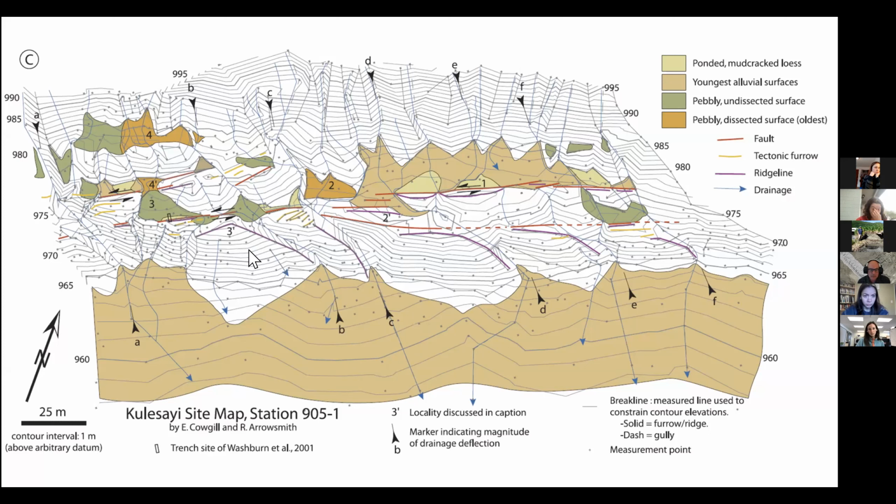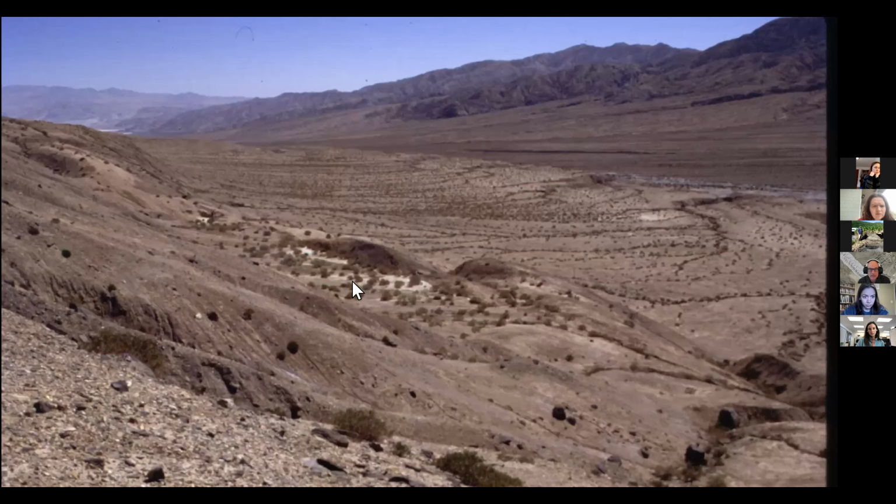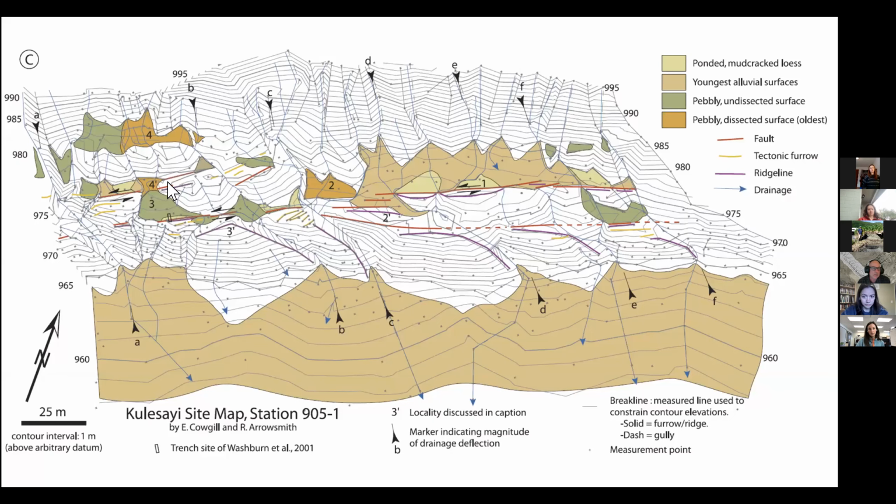And this bench right here is where the sag is in the middle. That was where we could see these main traces, which are quite discontinuous at this scale, but then a nice little right step. And then we were trying to identify the local superficial geologic units that could help guide us.